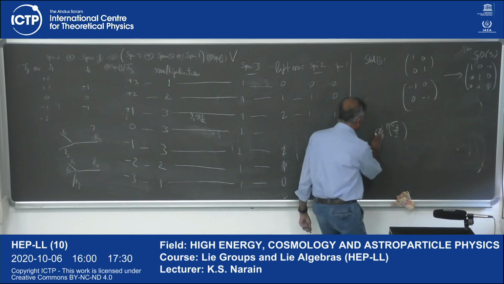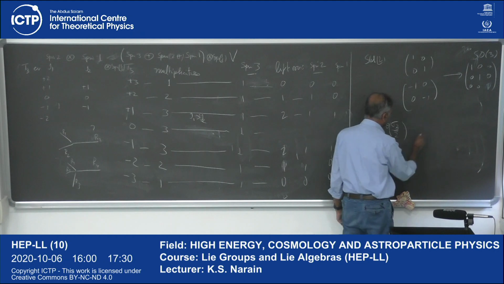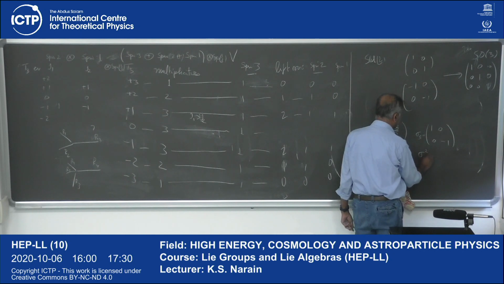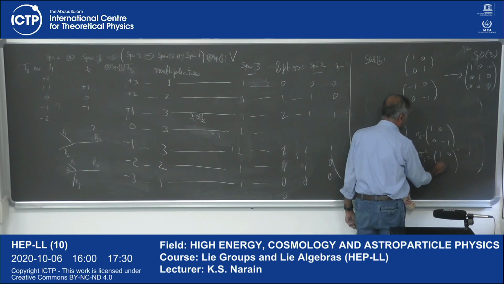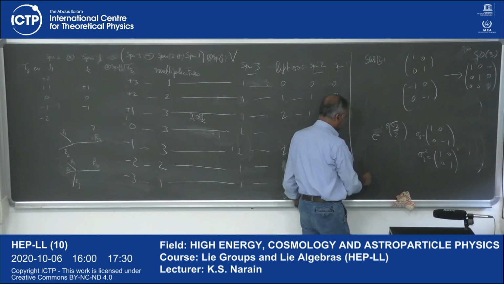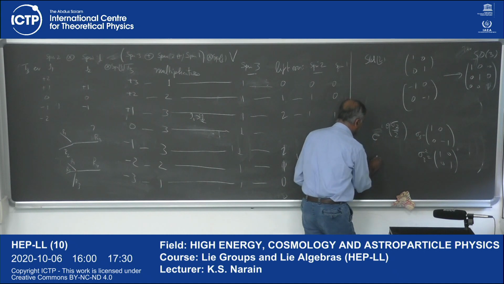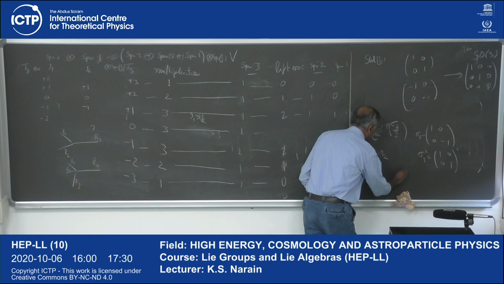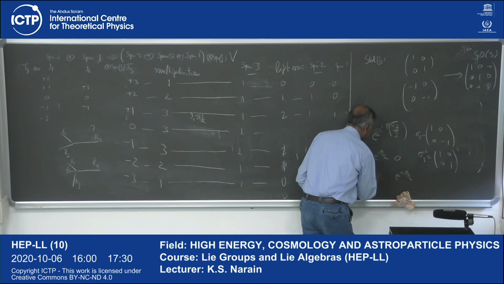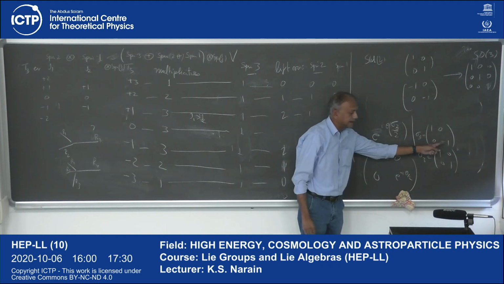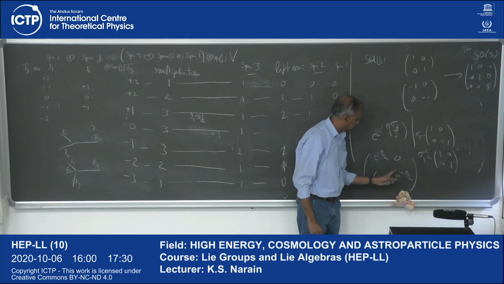That's easy to construct, because sigma 3 after all is just the diagonal matrix with 1, minus 1, and sigma 3 squared is of course the identity. So if you exponentiate it, it's clear it's going to be the diagonal matrix: the top component is e to the i theta by 2, and the bottom component is e to the minus i theta by 2.